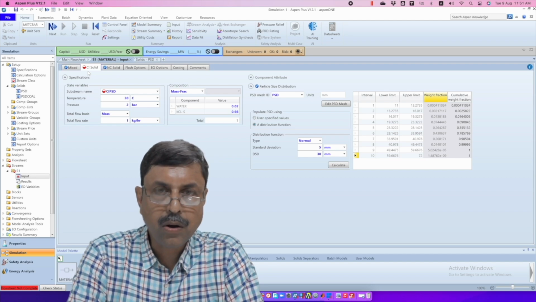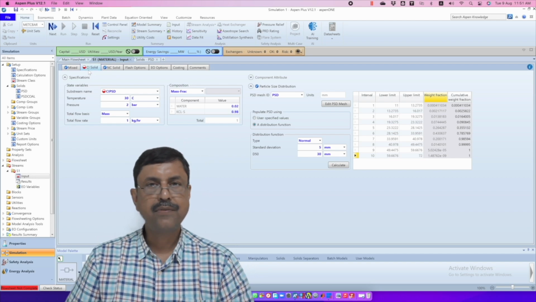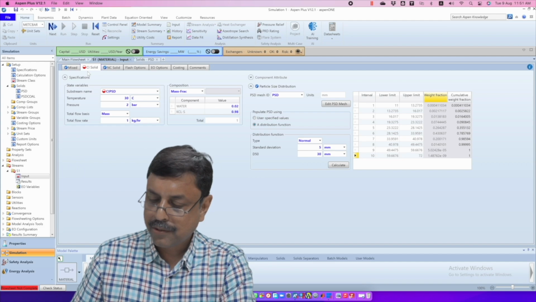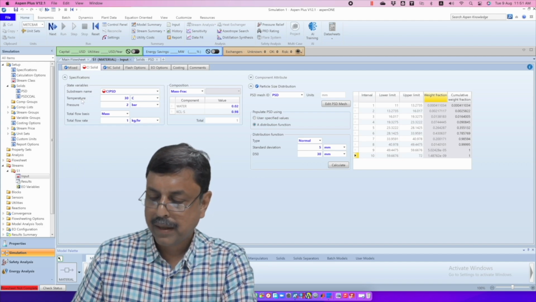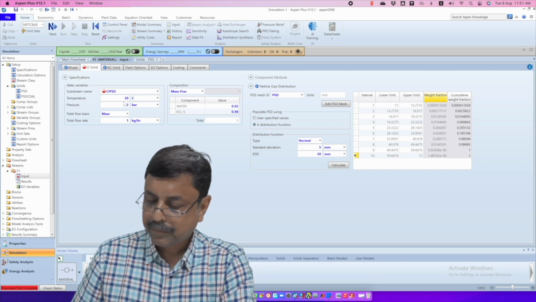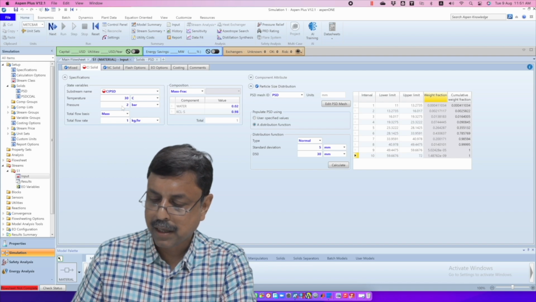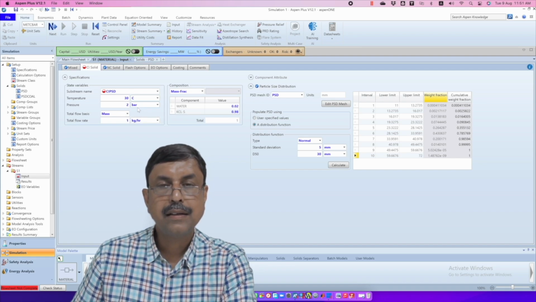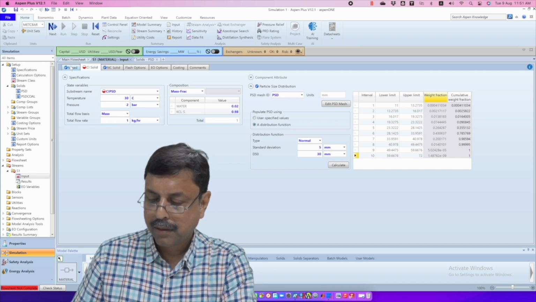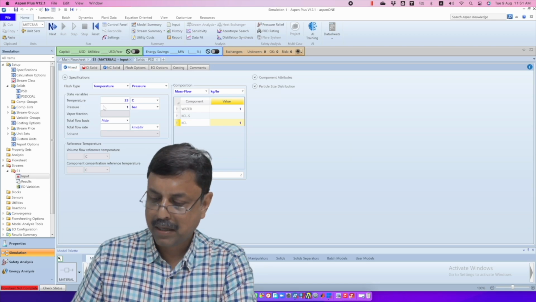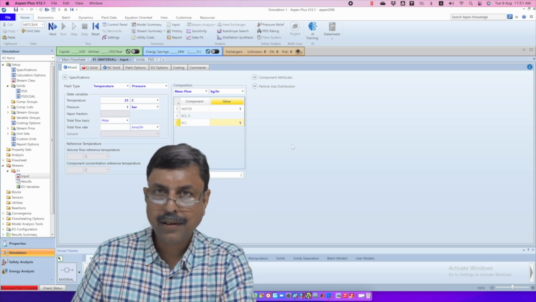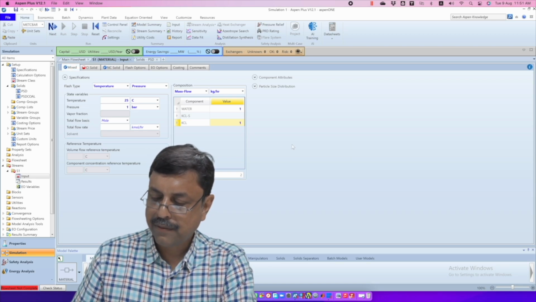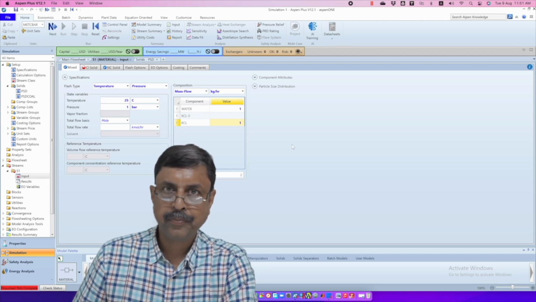What may be wrong? We have given all the information, but still it is showing incomplete. The reason is that the temperature and pressure mentioned over here are 30 degrees centigrade and 2 bar respectively, whereas in the mixed substream it is 25 and 1 bar.